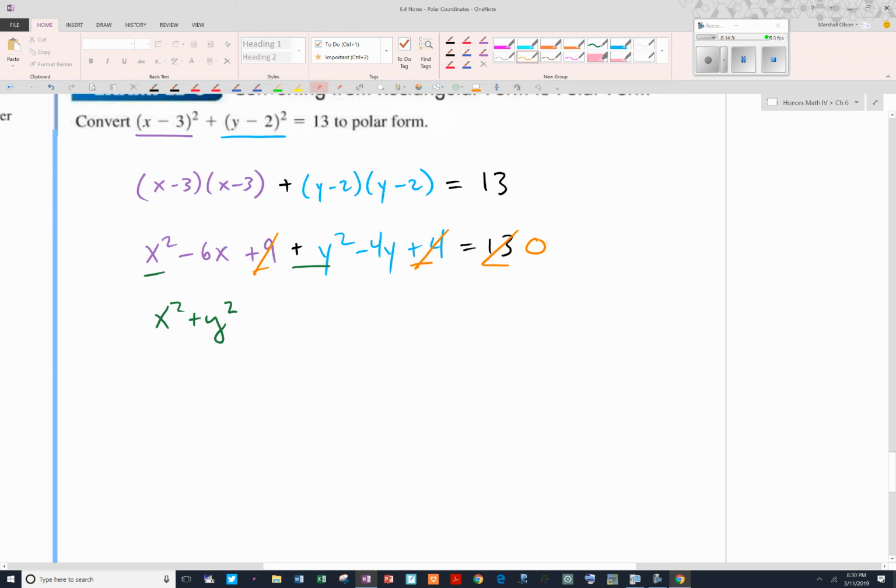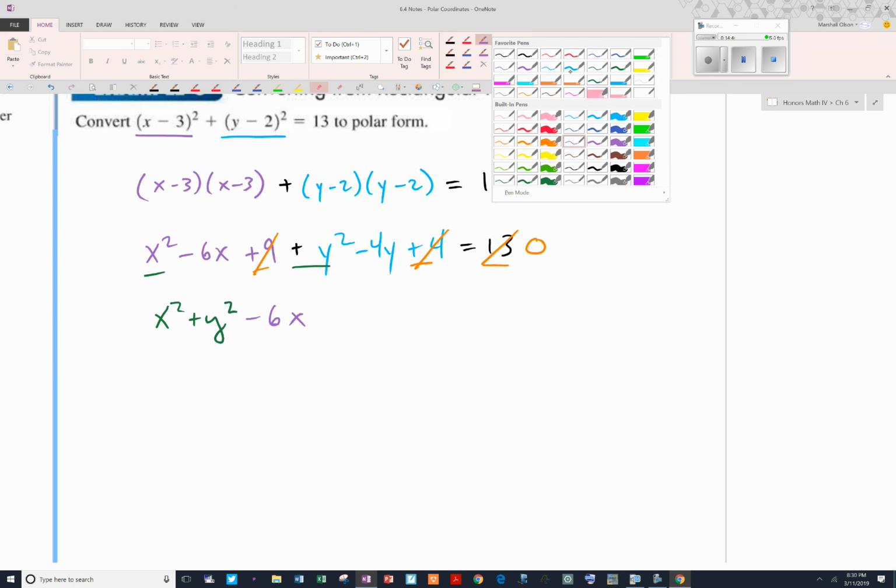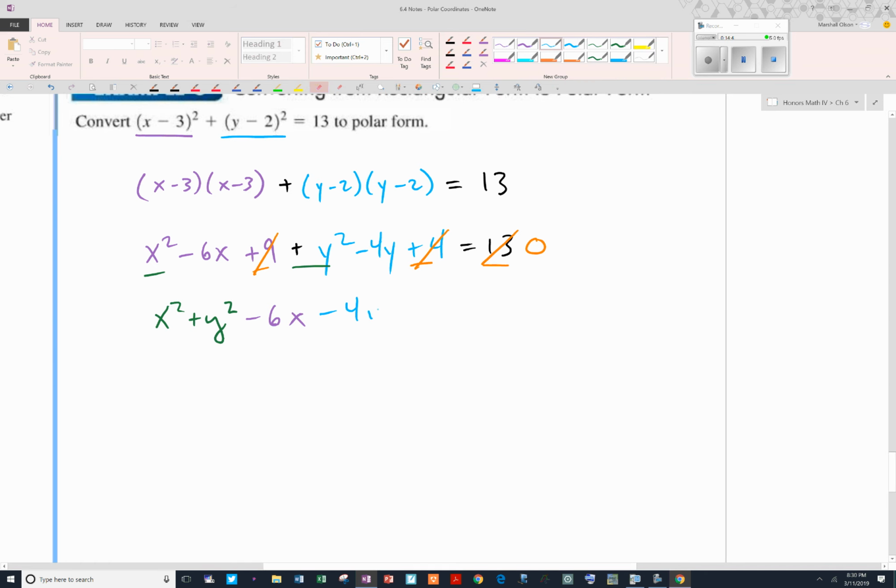So we have x squared plus y squared, minus 6x, minus 4y, and that equals 0. All right, so what do we know? Well, we know that x squared plus y squared is r squared.